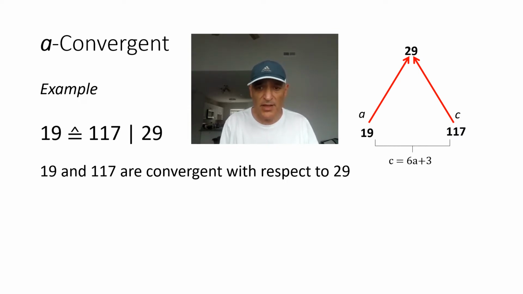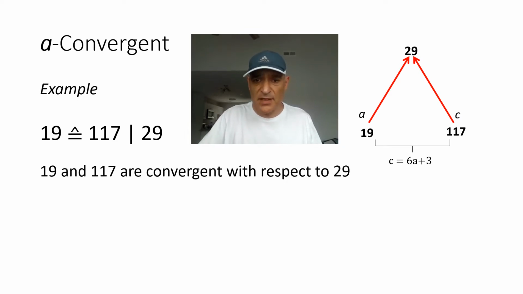Now, 29 is also the output of 117. So 117 is an operation C. So we have an operation A and an operation C. They're deeply related in that they produce the same output.